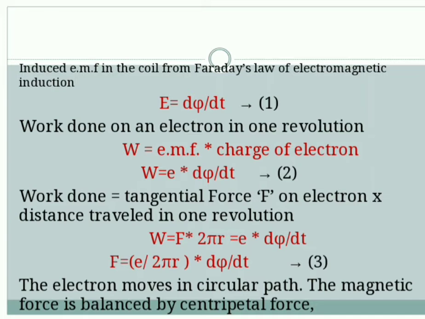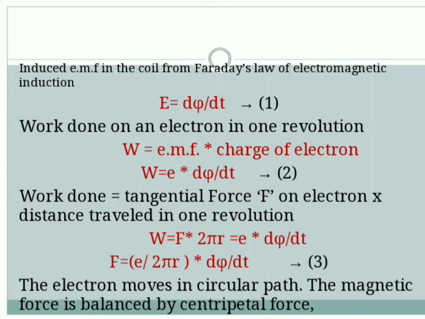In order to get the Betatron condition, I have started the derivation from Faraday's law. As I have already said, induced EMF is equivalent to the change of flux. So E = dΦ/dt, which is taken as equation number 1.